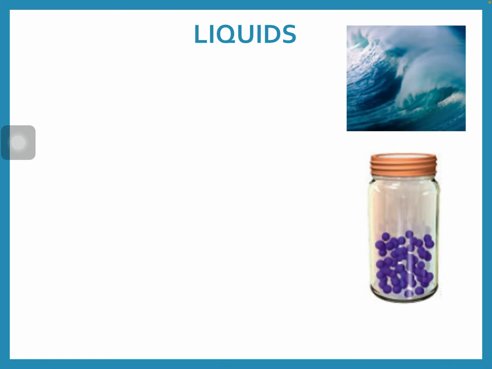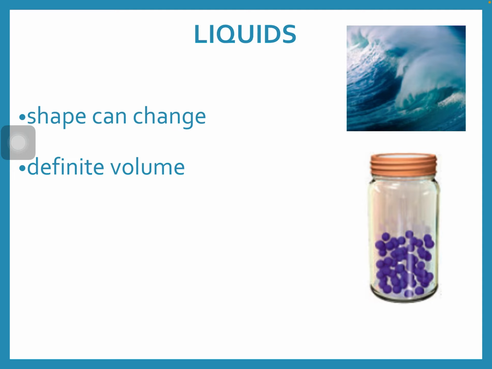Liquids, there's a couple of representations of those. Liquids can change their shape, so we can pour them from one container into another and they'll take the shape of the container. They do have a definite volume, so whatever amount of space they take up in one container, they will take up that same amount of space in another container. If I take 50 milliliters of water in a beaker and pour that into a graduated cylinder, it will still be 50 milliliters.